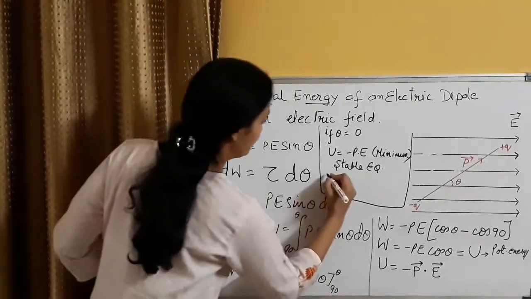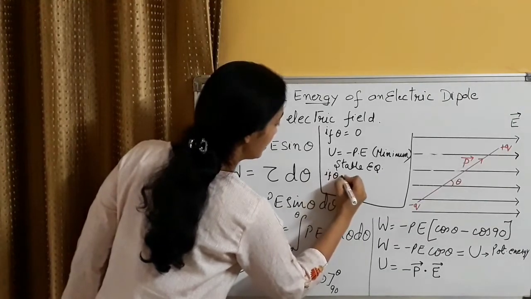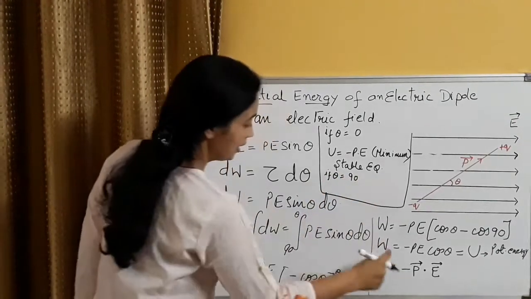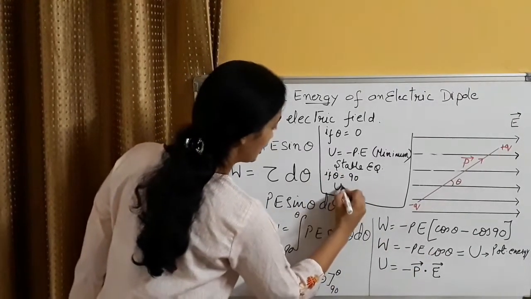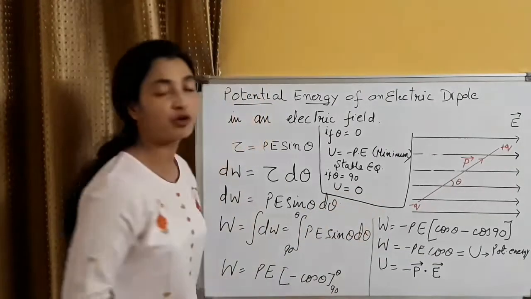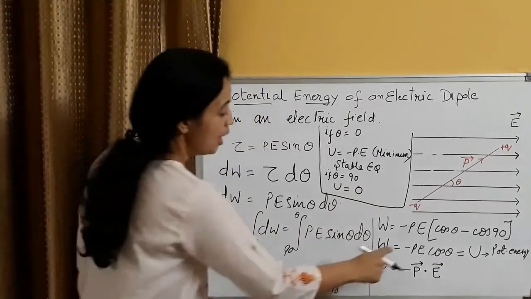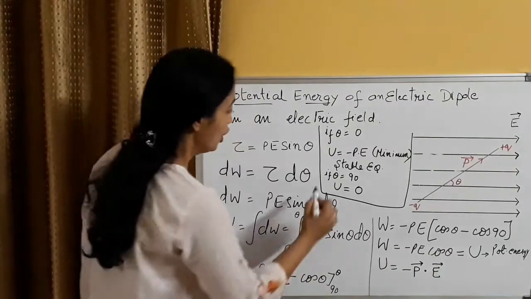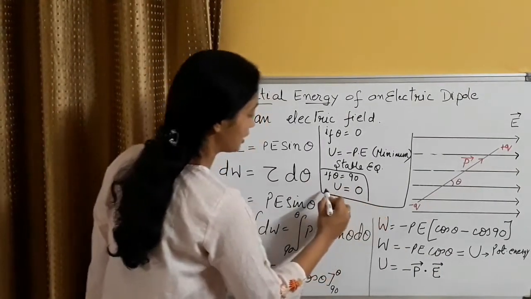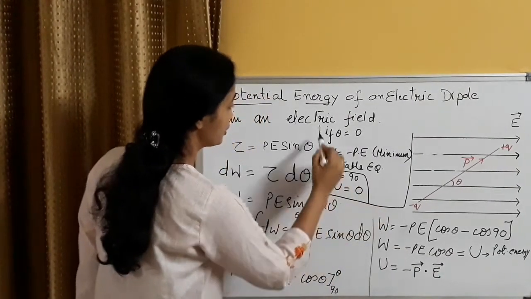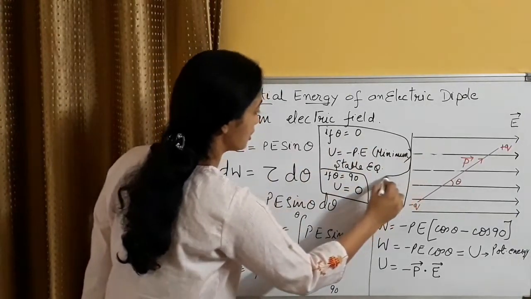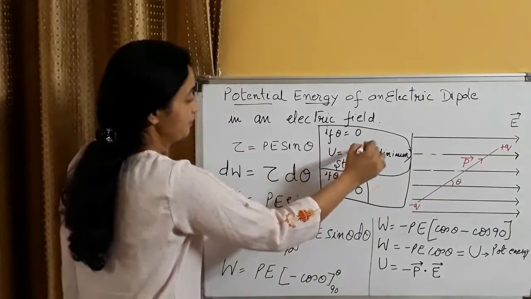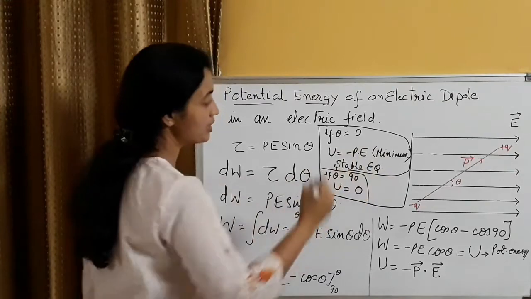Second situation, if theta is equal to 90, then potential energy is straight away 0 because PE cos 90 is 0. This is your second situation. The first situation is where potential energy is minimum and the equilibrium is stable.